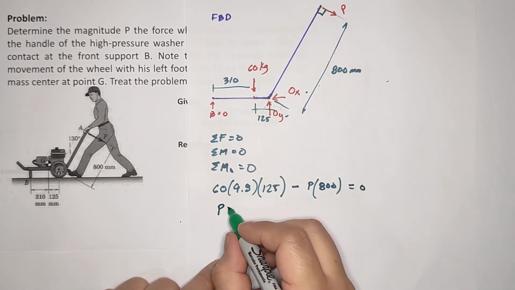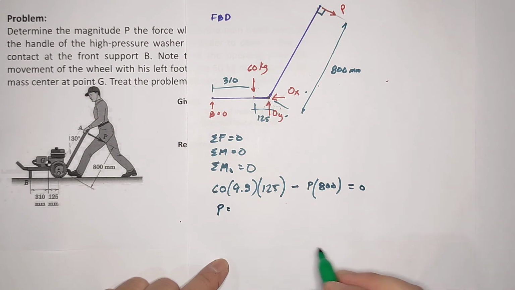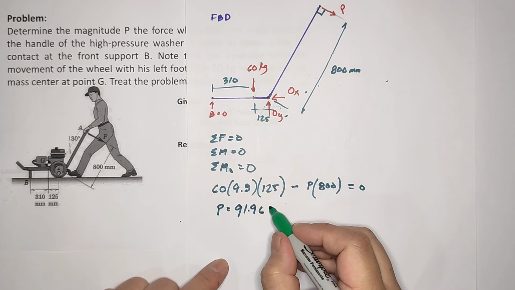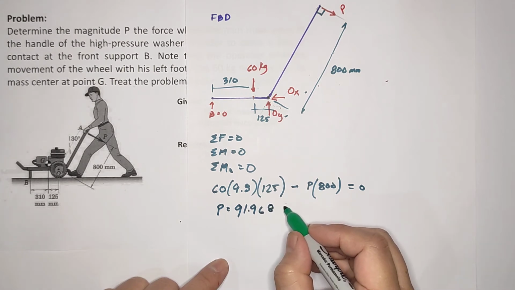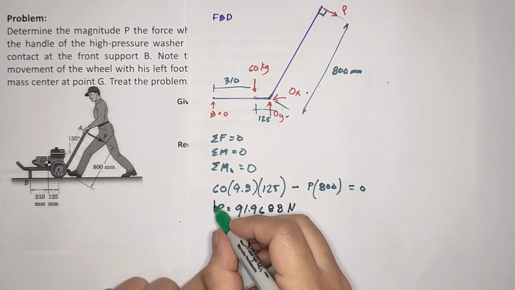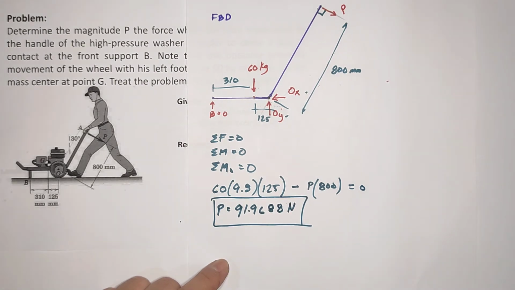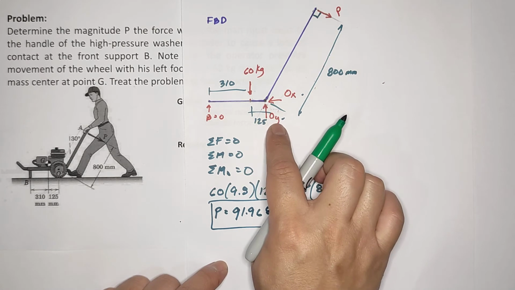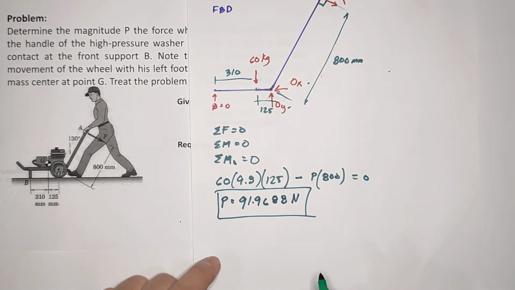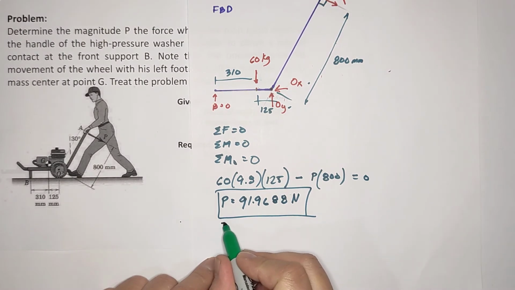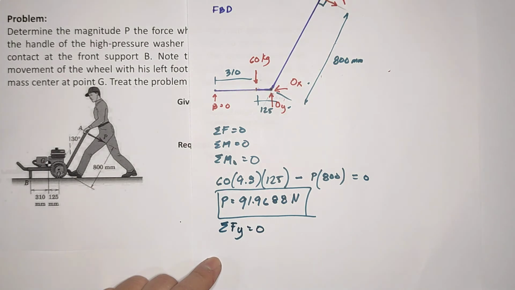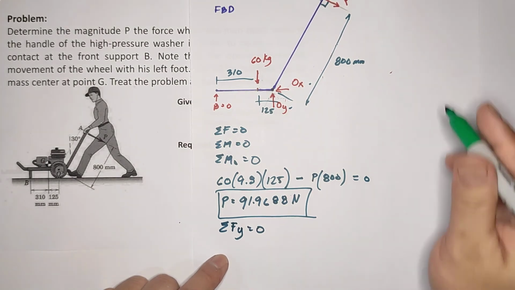So P is equivalent to 91.9688 Newton. That is the force P. Now if you want to determine the forces O_Y and O_X, you just make summation of forces in Y equals 0.